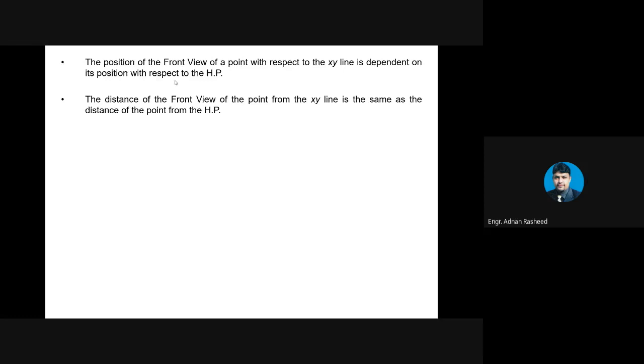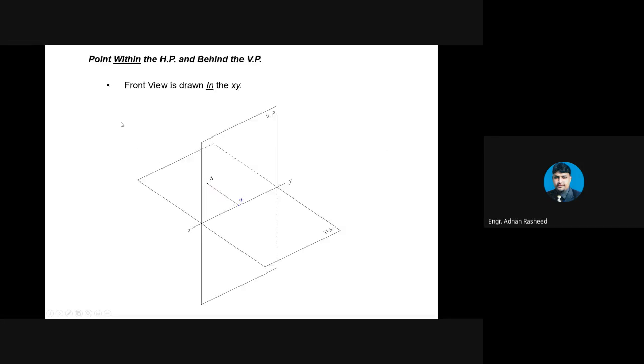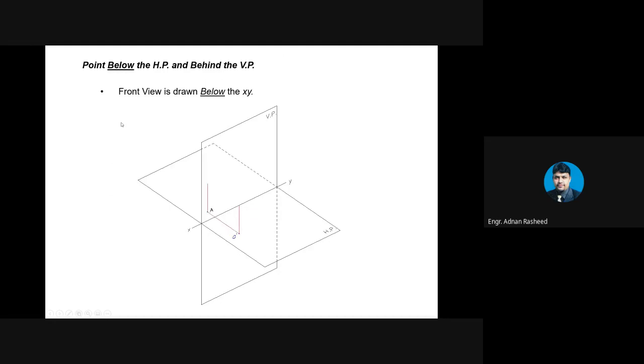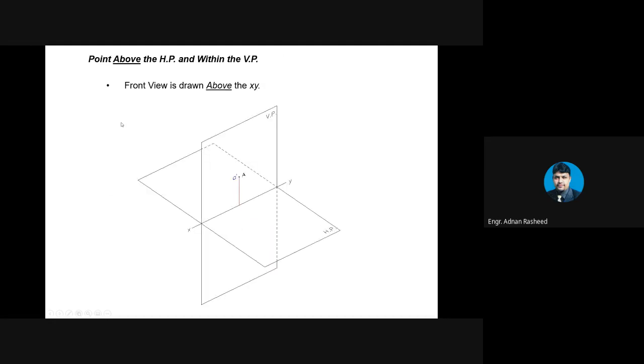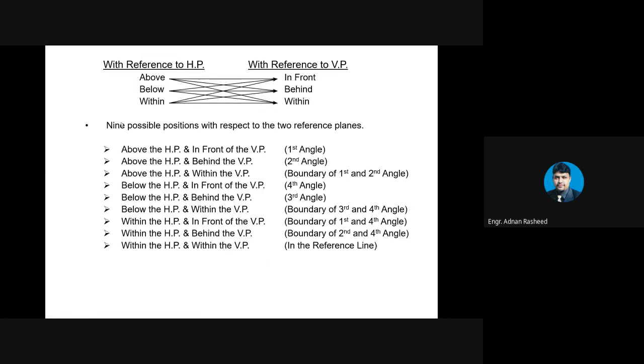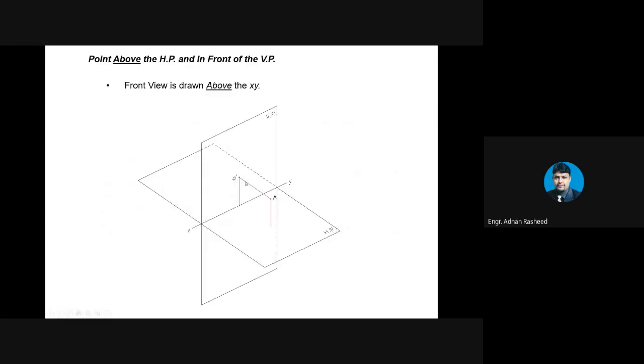So the distance of frontal view of a point from XY line is the same as distance of point from horizontal plane. Now what does it mean? You can see in this first example, the distance of frontal view from XY line is the same as this point from the horizontal plane.